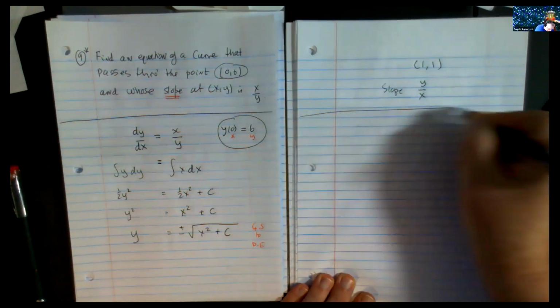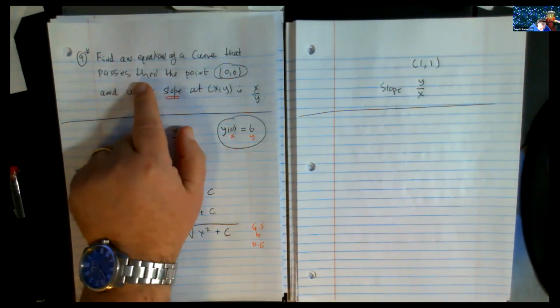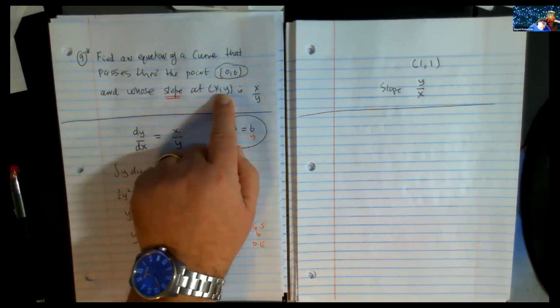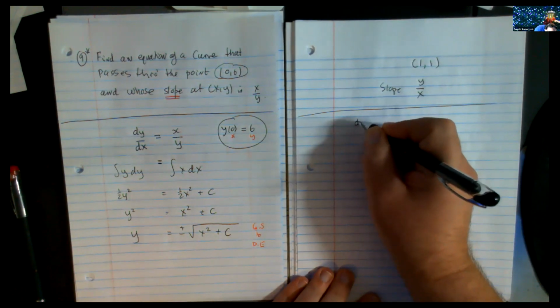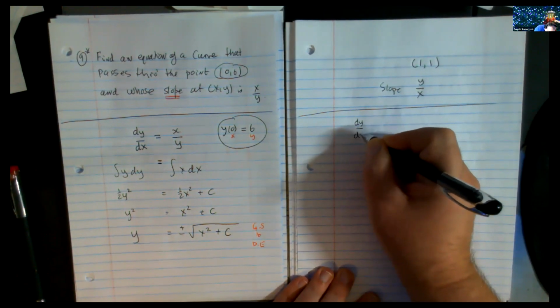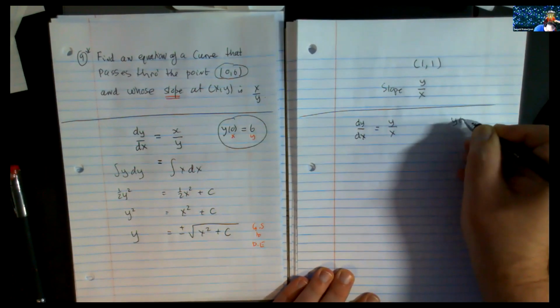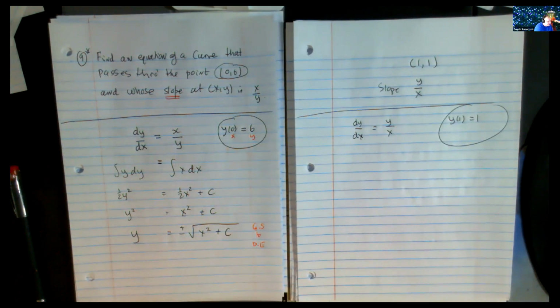So can you imagine I said basically, find the equation of a curve that passes through the point 1, 1, and whose slope at any given point x, y is y over x. Now, you might think that's not going to make a lot of difference. But it actually does make quite a big difference.